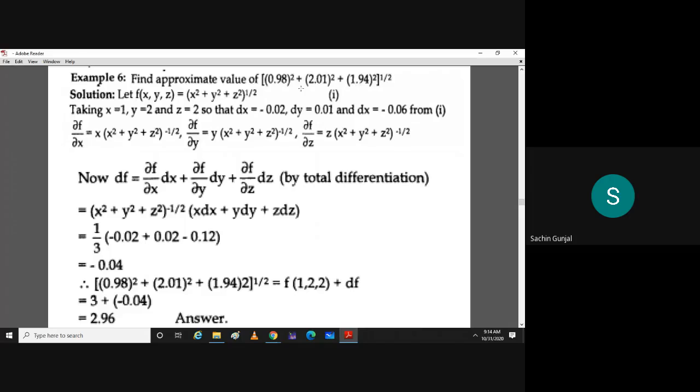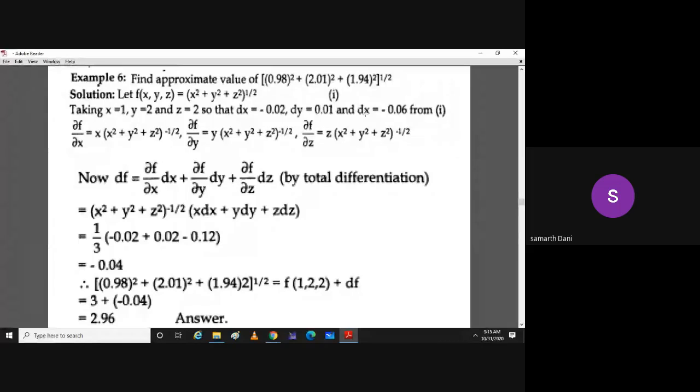So x, y, and z are 1, 2, 2. Therefore, delta x or dx will be negative 0.02. Then dy is 0.01 and dz is negative 0.06. Is the second step clear? This is dz, not dx.